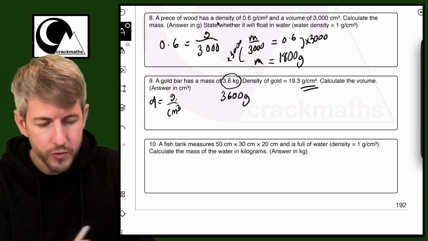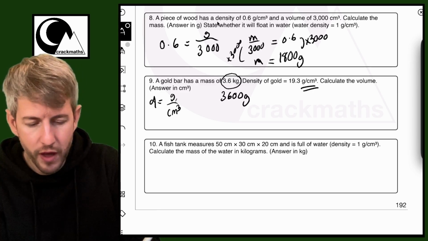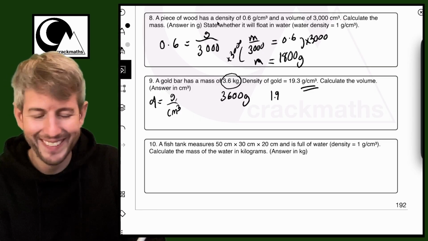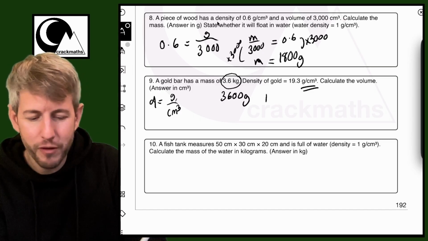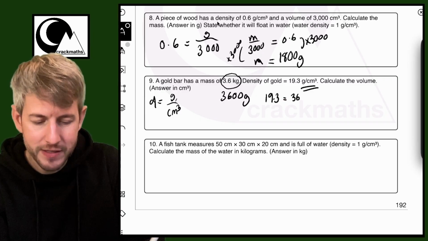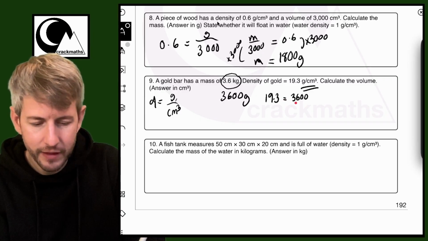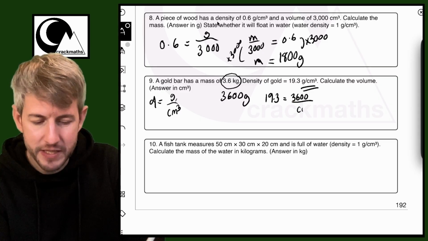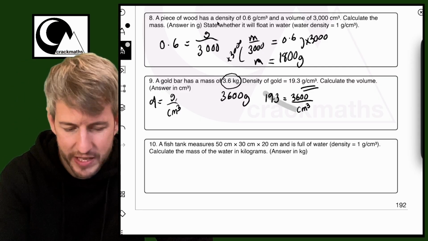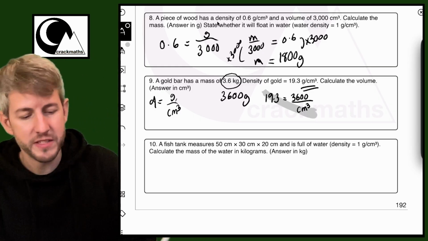So we've got the grams, we've got the density. So we know that 19.3 equals 3,600 divided by the centimetres cubed. Now remember we can actually just switch these two round to find out what the centimetres cubed is.